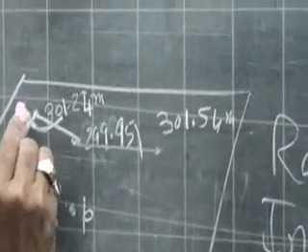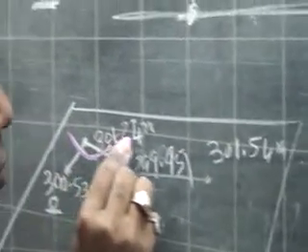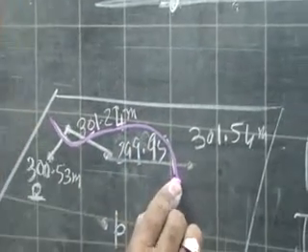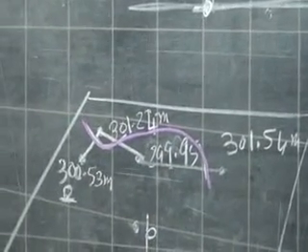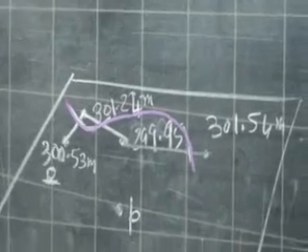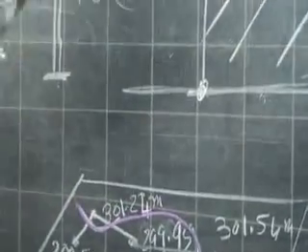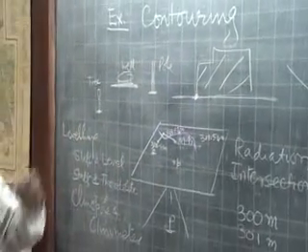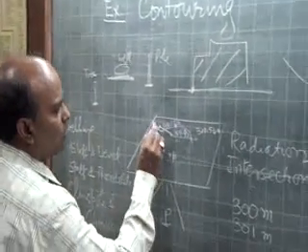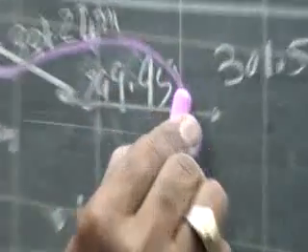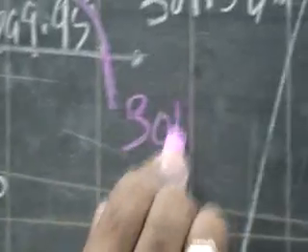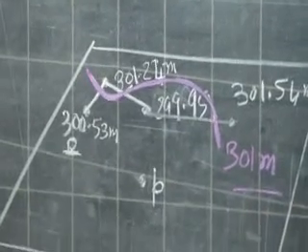So if I join a smooth kind of a line, of course we have to consider the shape of the earth, because while we are plotting the contours, we have to see the terrain, ups and downs in the terrain. So this is a contour of 301 meter from these observations.